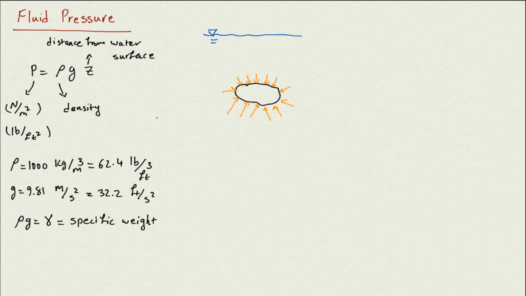If again I draw the water surface here, and I consider any point under the water, then the z value is the distance from the water surface to that point. But sometimes it might get confusing. Here in this case, we're clear that there's water on top of that, but it doesn't matter if there's water on top of that or not, as long as it's under the water.